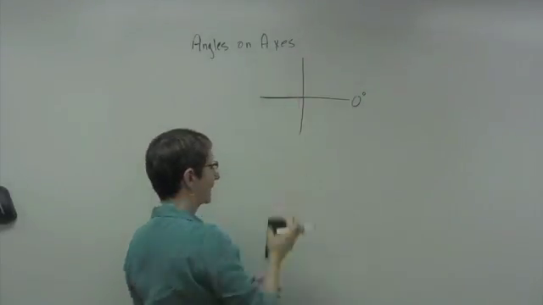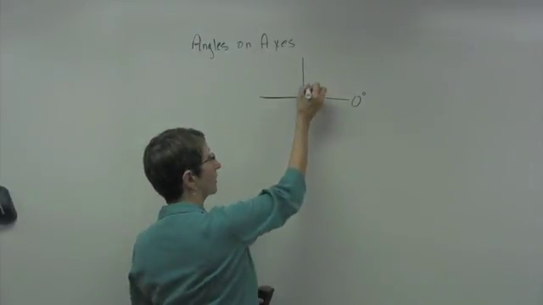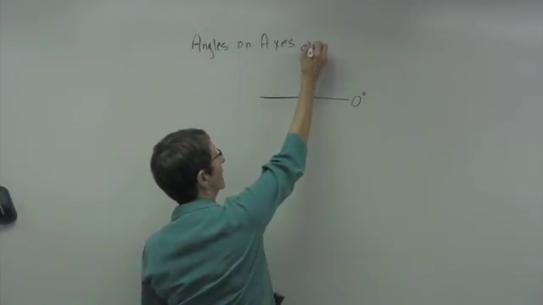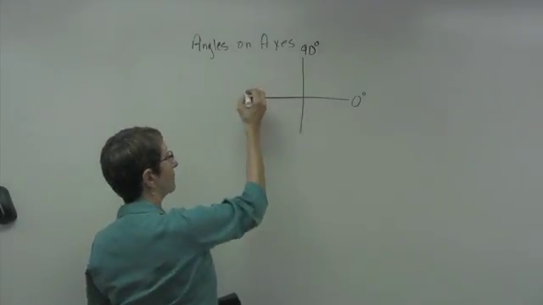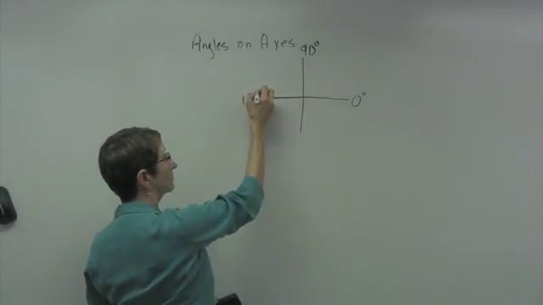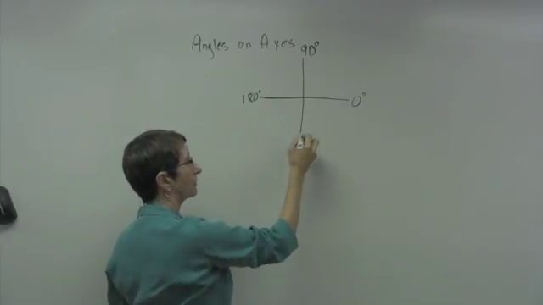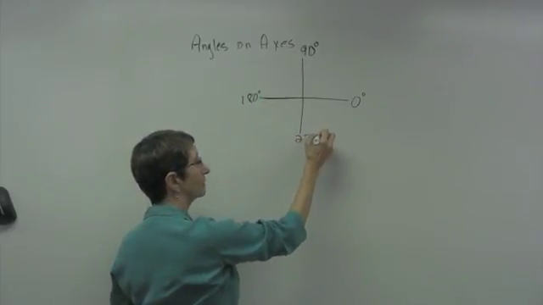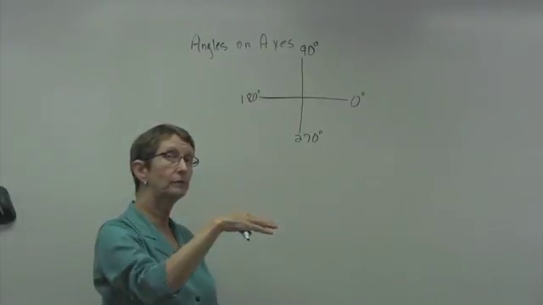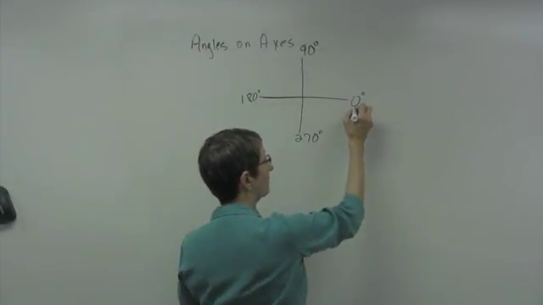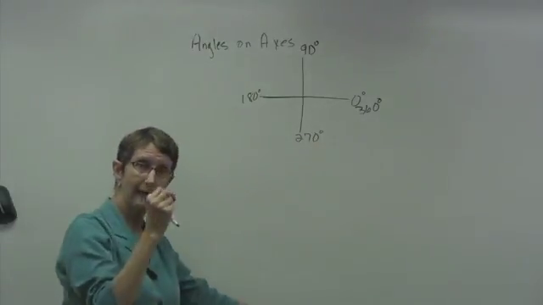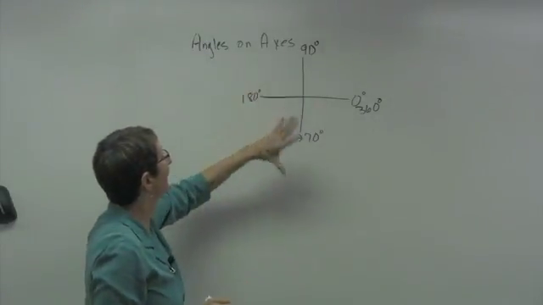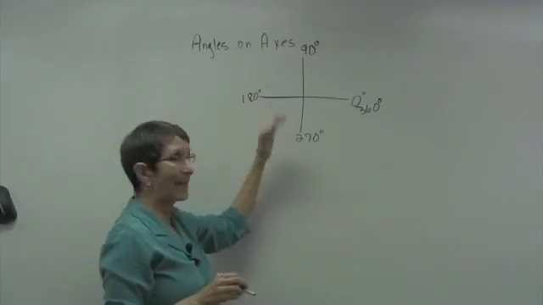So our y-axis, the angle from here up to the y-axis, is 90 degrees because that's 1/4 of 360. Halfway around, we've seen is 180 degrees. 3/4 of the way around is 270 degrees. And if you want a whole complete 360-degree angle, that's the same as 0. The initial and terminal sides connect. And so these are the angles that are on the axes.